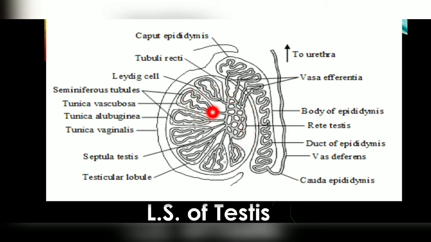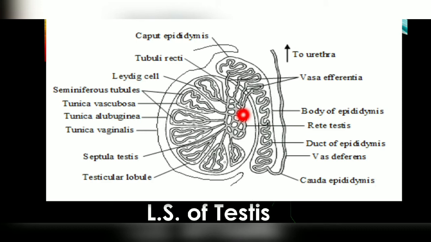Now you can see inside this compartment or lobule, what is present? A coiled structure that is called the seminiferous tubule, and this tubule is responsible for the formation of sperm. So when these seminiferous tubules straighten up, all these join together and form a network that is called our rete testis.